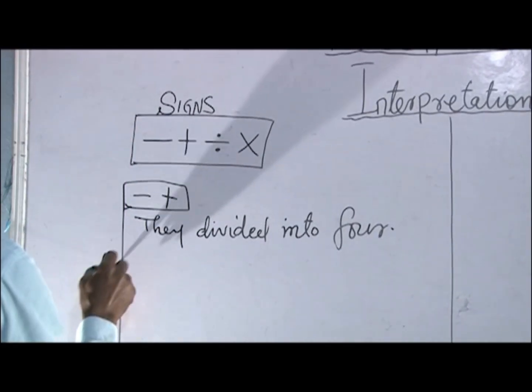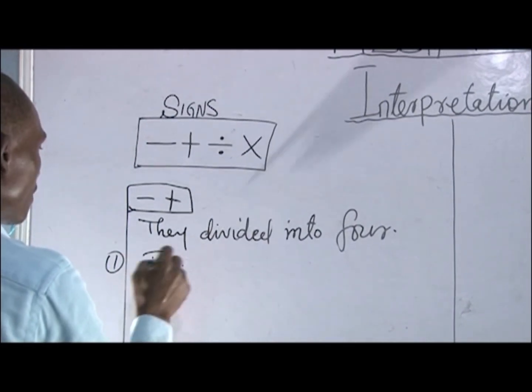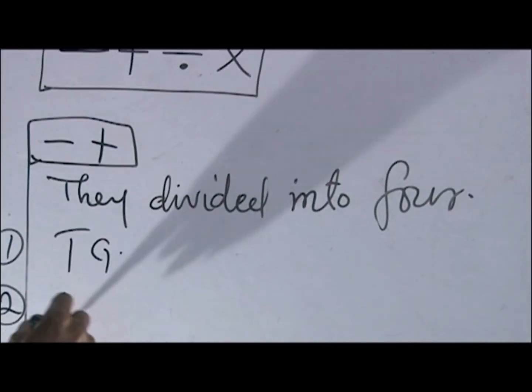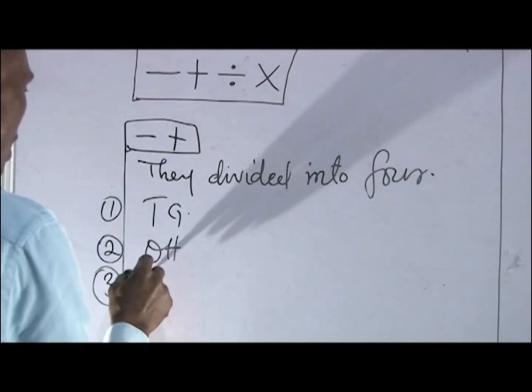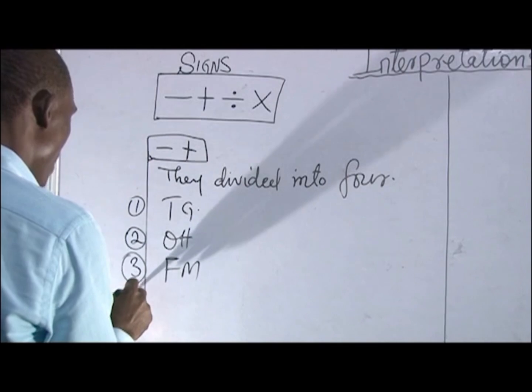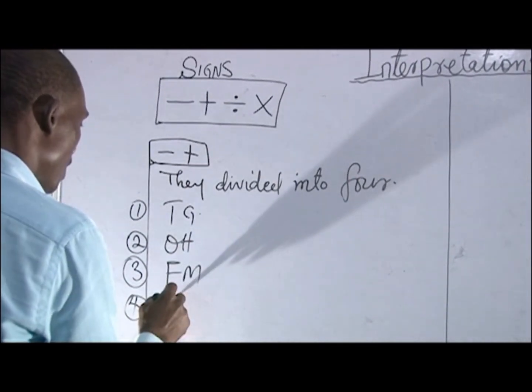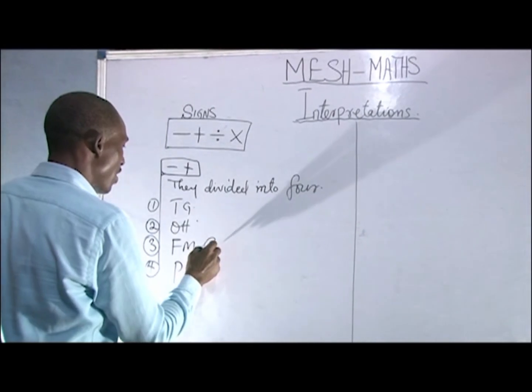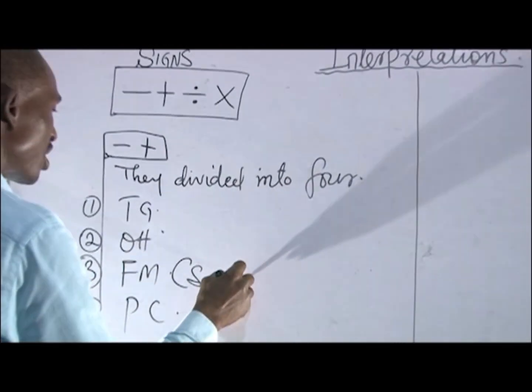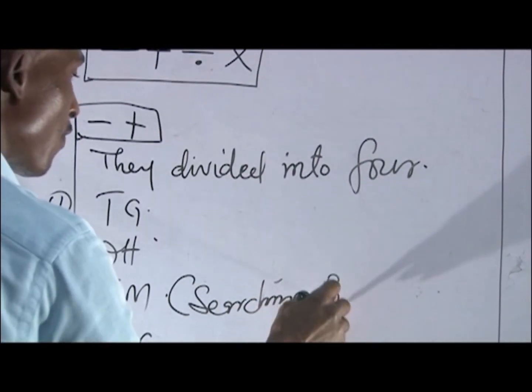Number 1, we have TG. Number 2, OH. Number 3, FM. Number 4 is PC.